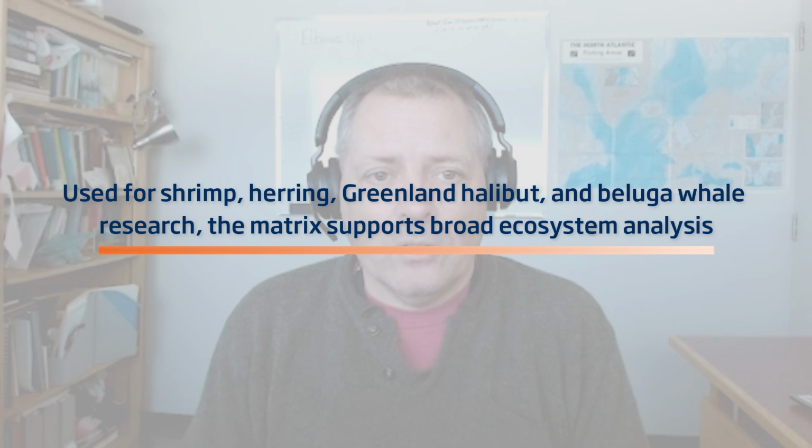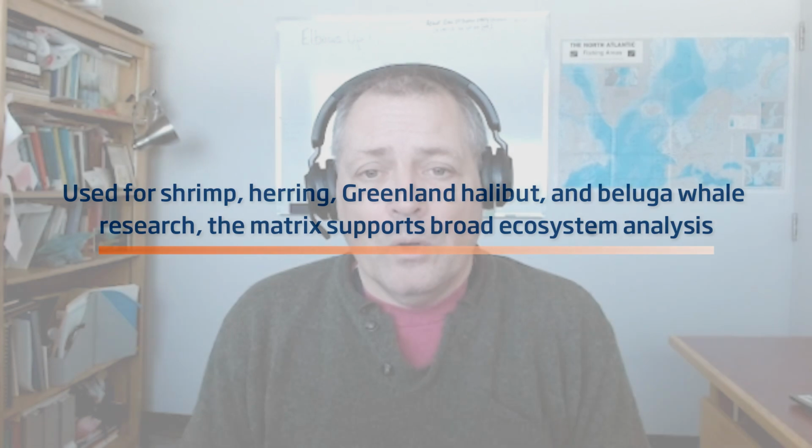It's been used for a couple of herring stocks to look at the effects of temperature and things like dissolved oxygen on the productivity of those stocks. Greenland halibut as well, similar sort of things. We have a small relict population of beluga whales in the Gulf of St. Lawrence, which is normally an Arctic species, but they exist here in very low abundance. And it has been used to look at some of the food supply for the beluga whales.